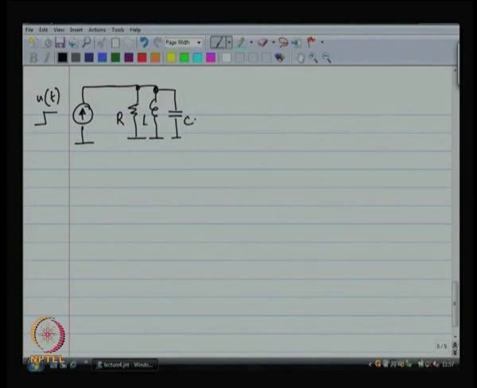Then one can show, it is not very difficult. If it was only R and C and you apply a step function, then what is the voltage going to look like? The voltage is going to have a time constant, RC time constant.